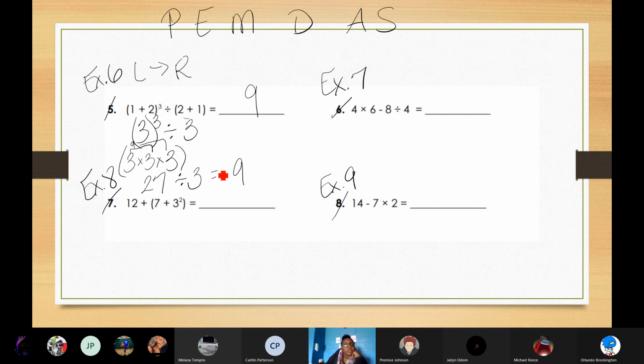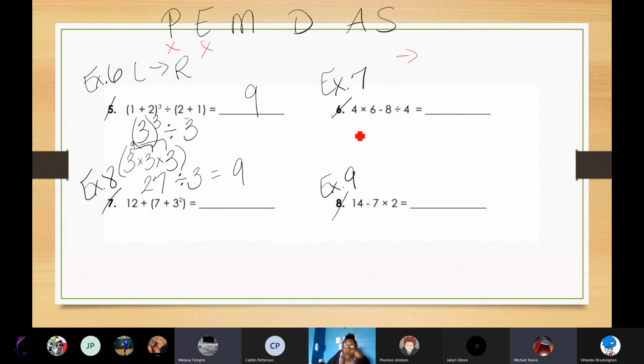Okay. So with example 7, we don't have any parentheses, we don't have any exponents, so we can skip those two. But we do have some multiplication. And remember, we must move from left to right. So what is 4 times 6?